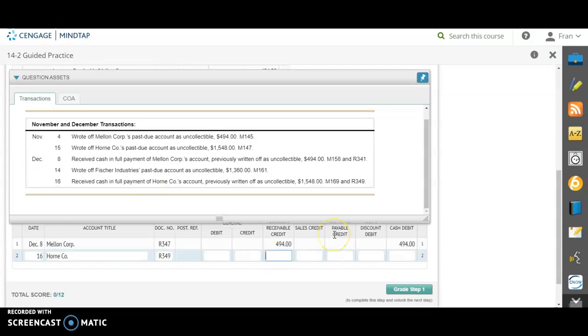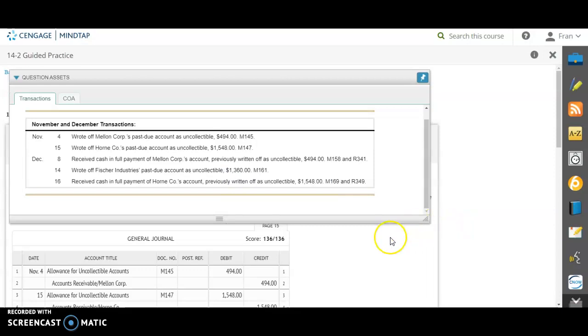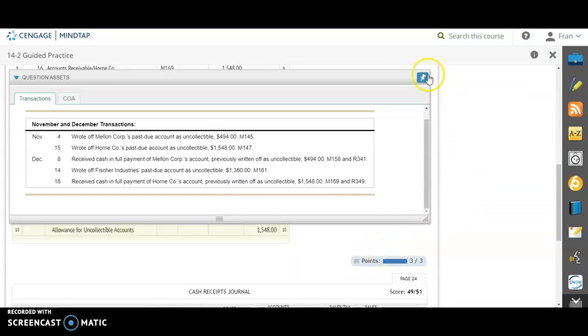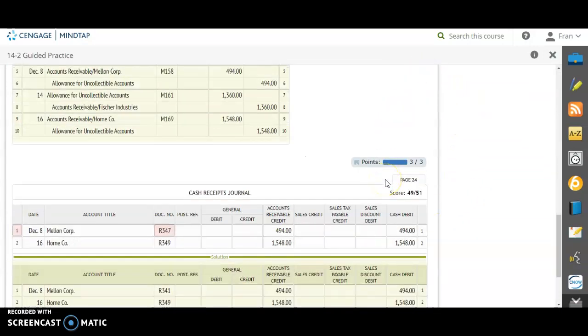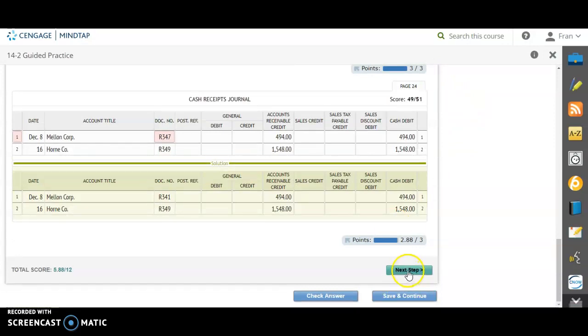So here's where we will record their accounts receivable credit because they are paying off their $1,548 receivable. And we receive $1,548 as our cash debit. Everything looks good there. We'll move on.